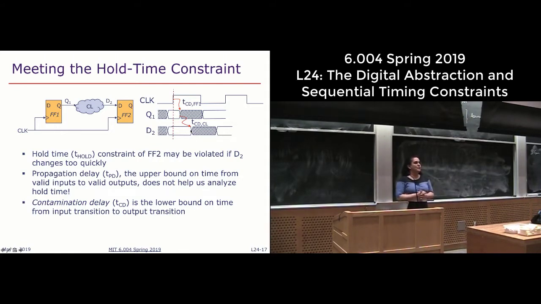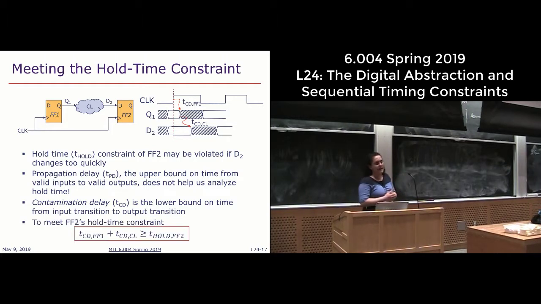Okay, and so what does this mean? This means that I do have some room here, right? But the constraint that I have to satisfy is that the sum of these contamination delays must be greater than that hold time that my register needs to be satisfied in order for my register to work properly.